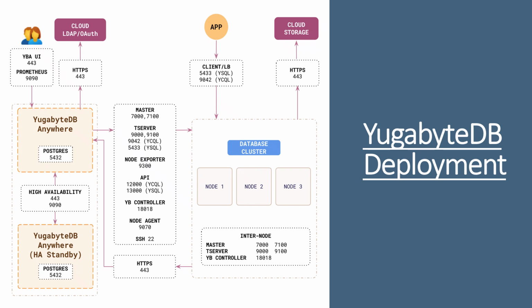Once you install there, you get access to the UI, and from the UI you can then start the deployment, where you can do some configurations, defining how many nodes, the replication factor, what the availability zones are, all this stuff. And then once you click on create universe, YBA itself is going to automatically copy the respective software, install it, do the configurations, everything is done, and it will give you a ready universe where you can start connecting to that universe and start working on it.